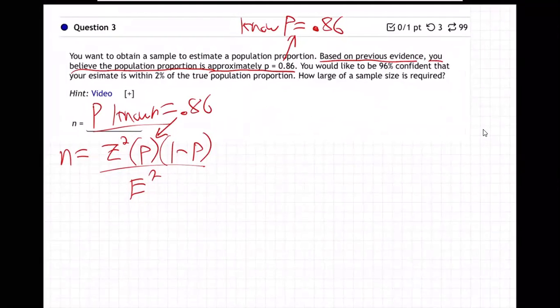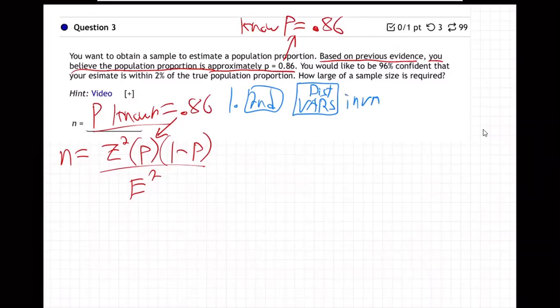Okay, so we start off exactly the same. We've got to get the inverse norm. So step number 1, second, and we got to hit the vars button with the distribution above it and get our inverse norm. That will depend on your calculator.